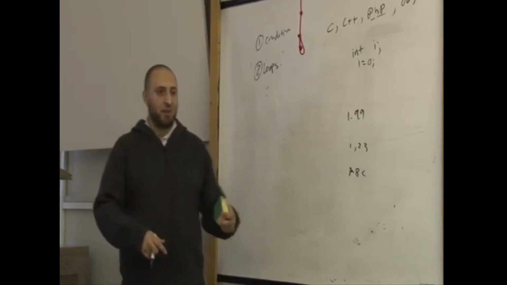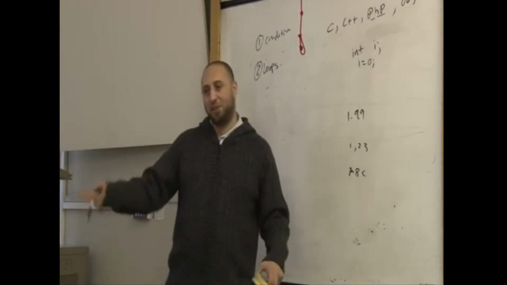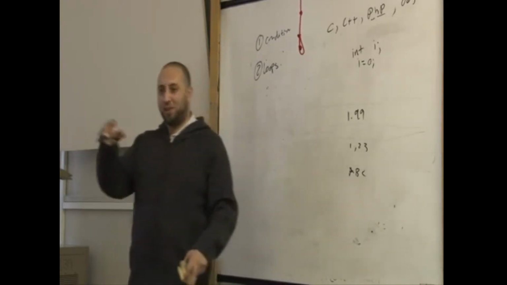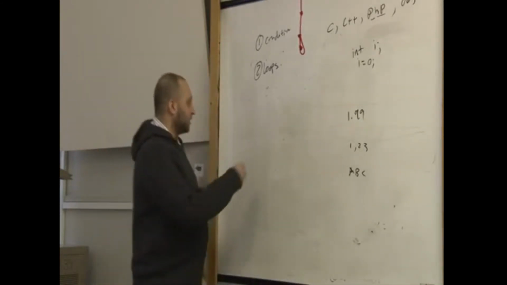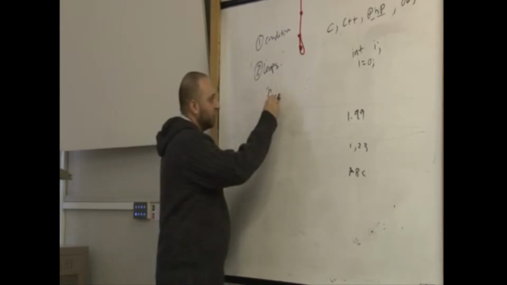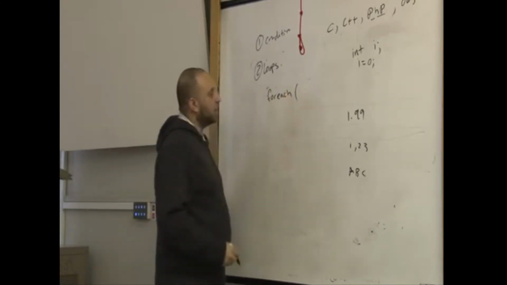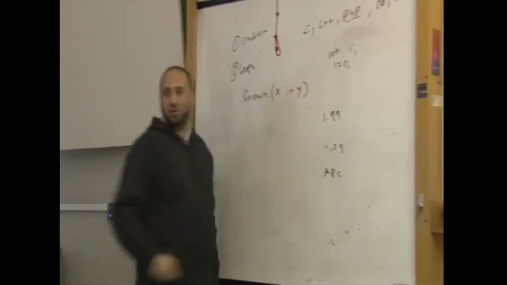Or you might be trying to increment the salary of all the staff in a database by 10%. So you say, for example, for each staff salary, increase it by 10%. The syntax for that is foreach, and then you would say maybe x in y. Is that correct?